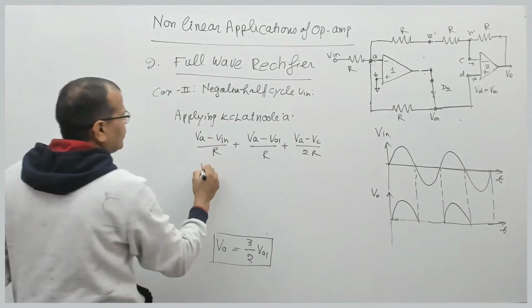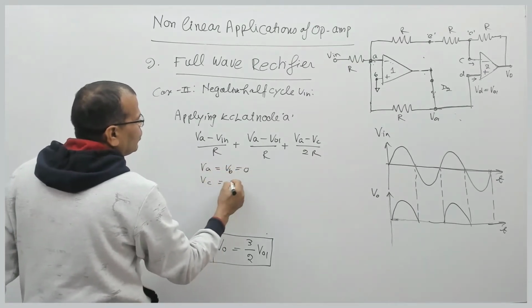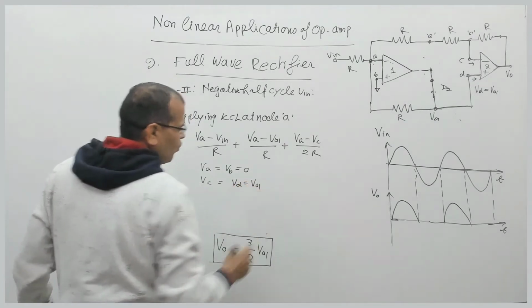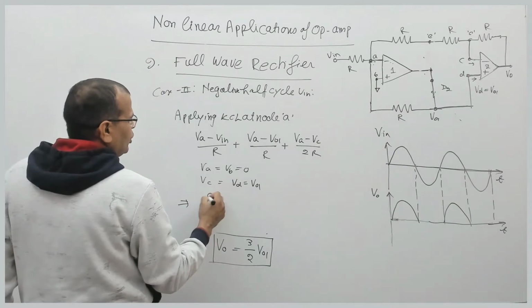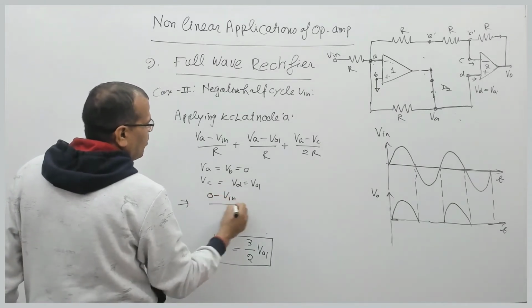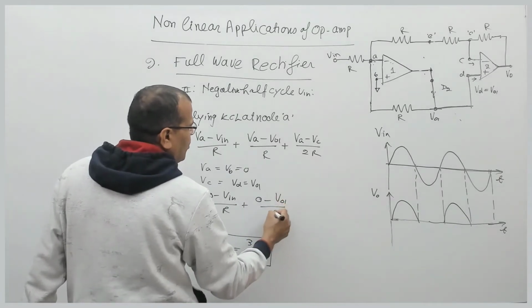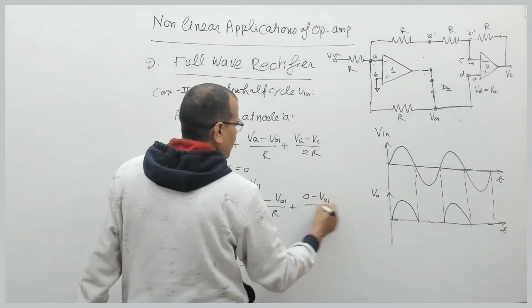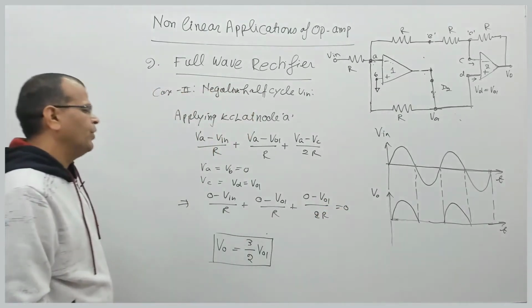But we have seen VA is equal to VB is equal to 0 and VC is equal to VD, that is equal to V01. That's what we have seen. So this gives 0 minus Vin upon R plus 0 minus V01 upon R plus 0 minus V01 upon 2R, that is equal to 0, right?